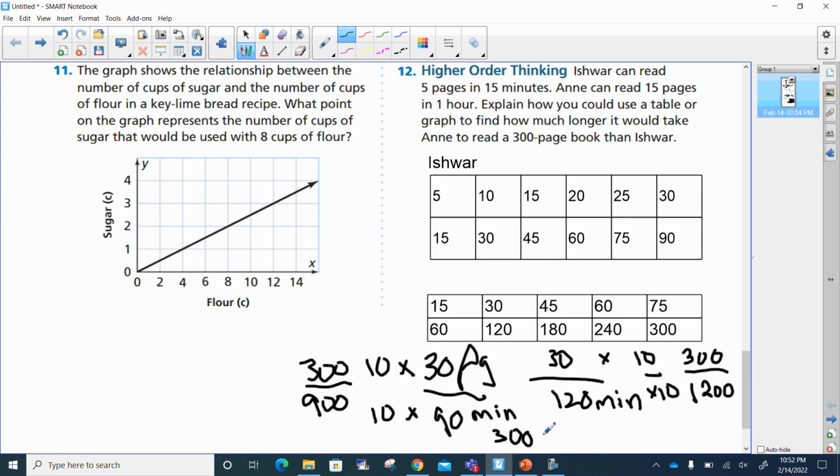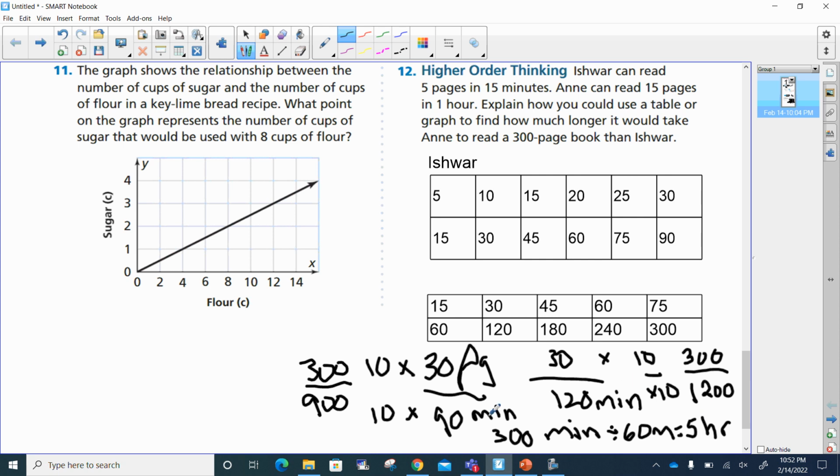There's 60 minutes in an hour, that means 300 divided by 60 will give me 5 hours, right? 5 hours. So it's going to take her 5 hours longer to read that book, okay?